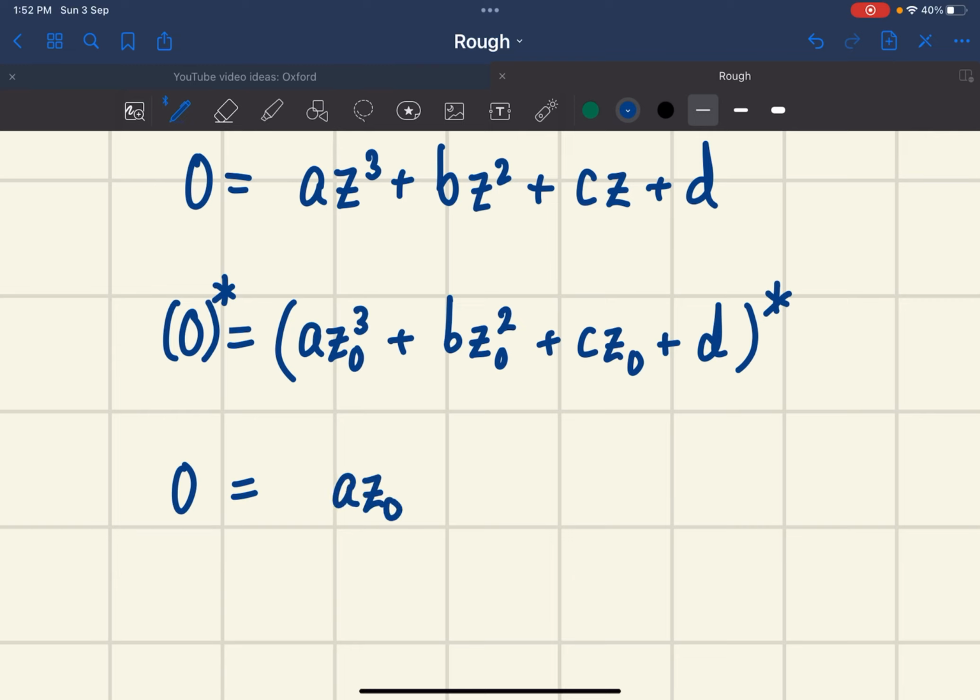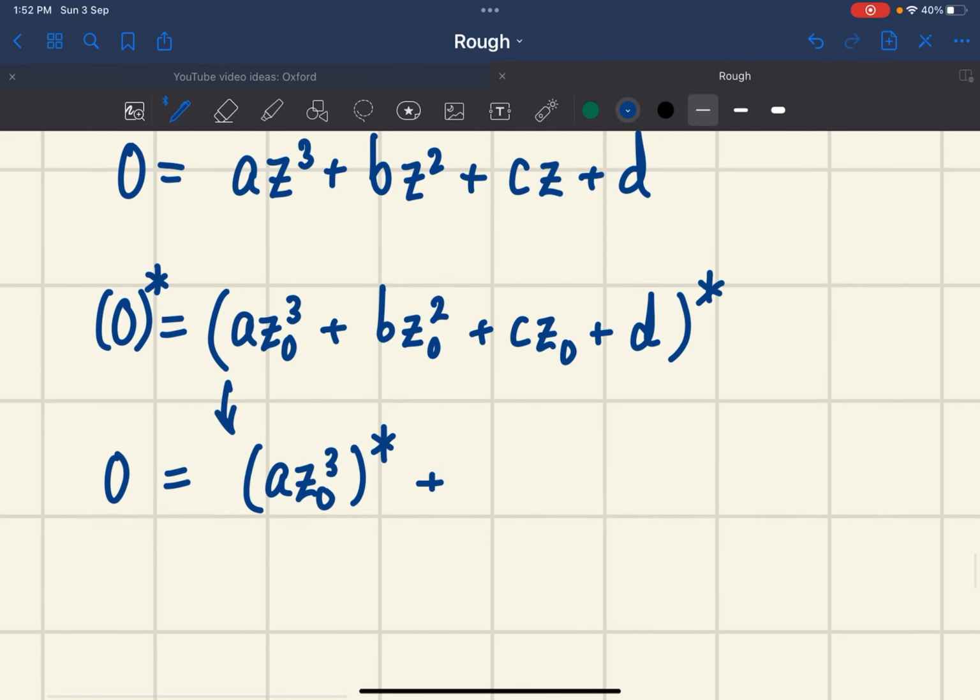The thing about complex conjugates is that if we have a bunch of numbers added together like this, and then we complex conjugate it, it is equal to the complex conjugate of each term, then added all together.